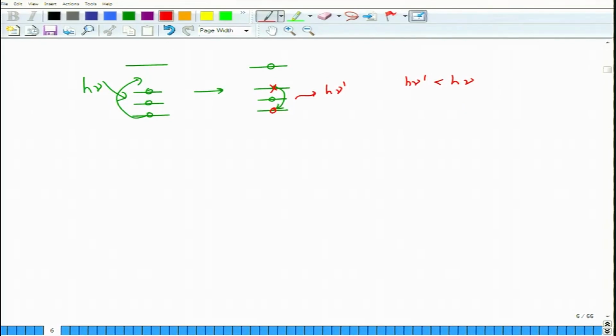But what it has done is, if secondary X-rays come out of the material, this leads to a phenomenon which is called X-ray fluorescence.